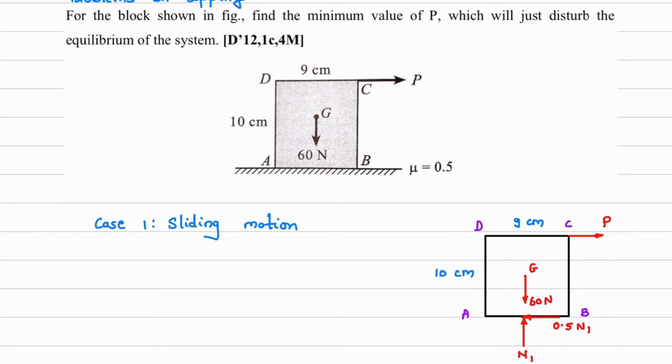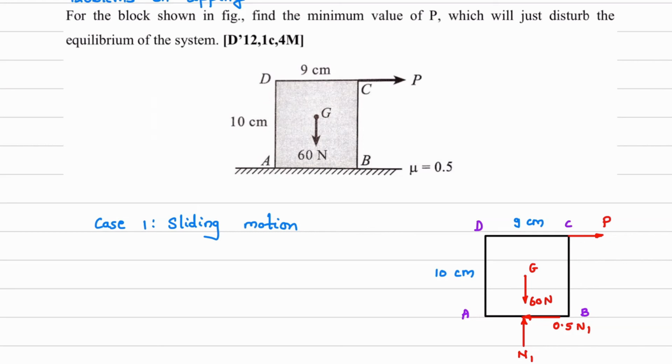Now since the block is sliding, friction force will be opposite to the direction of impending motion. Impending motion is towards right, so friction force will be towards left. So value of friction force, it will be 0.5 into normal reaction N1. And this is the normal reaction N1 which is perpendicular to the surface.